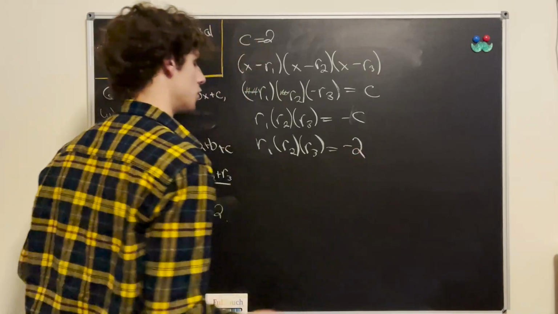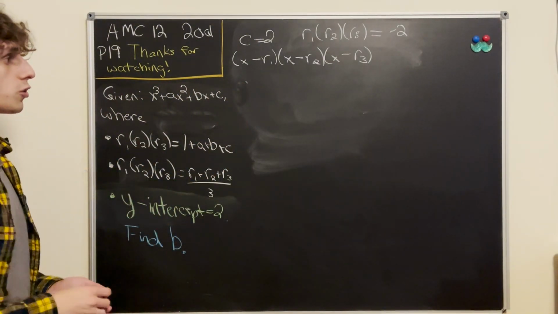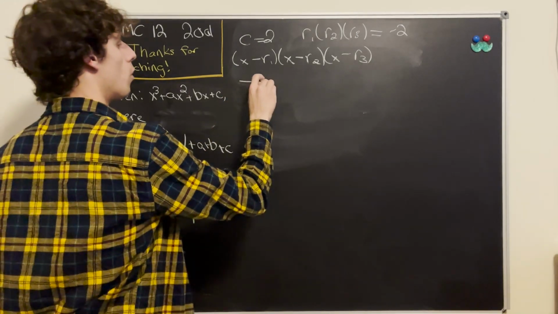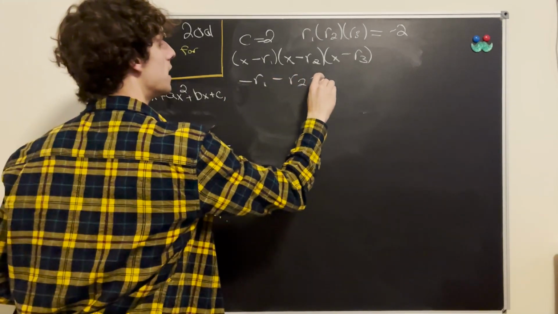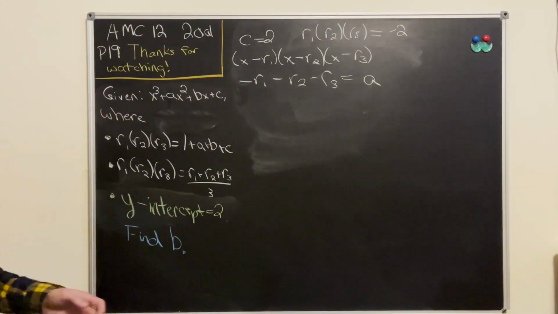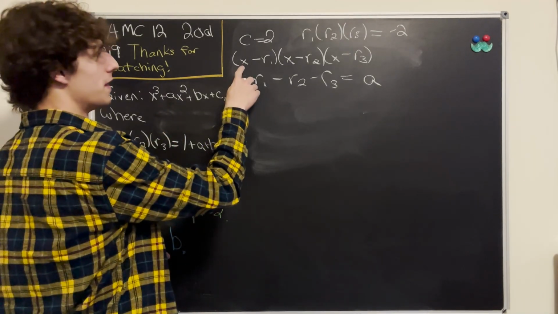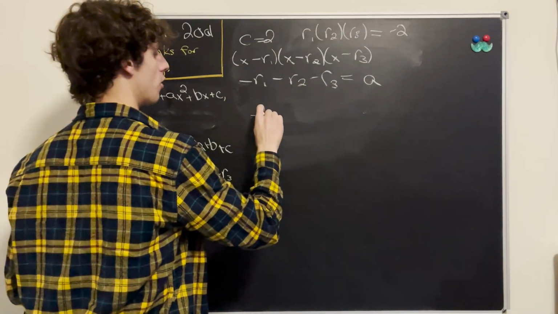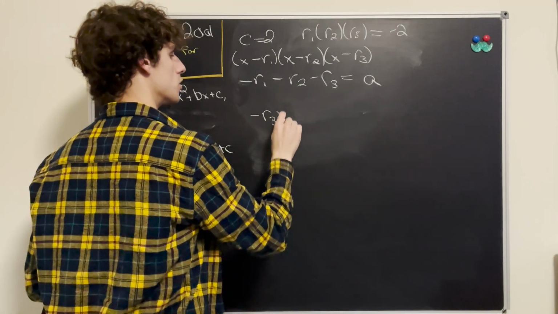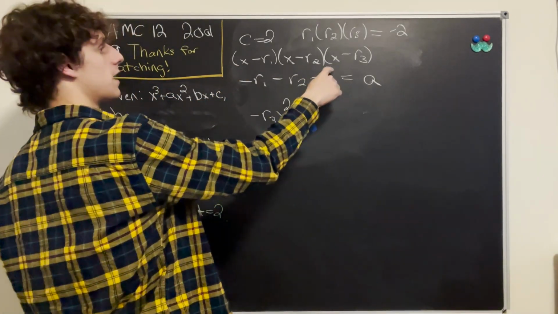Next, we know that by this factorization here and by this polynomial construction, that negative r1 minus r2 minus r3 is equal to a. And you might say, how do we know that? Well, to get our x squared term, we want to multiply this x by negative r3. So that'll give us negative r3x squared. And then this x by this x and negative r2.